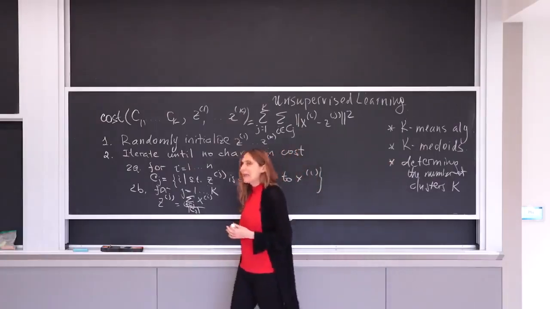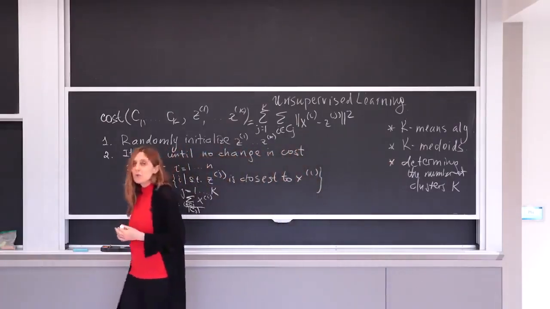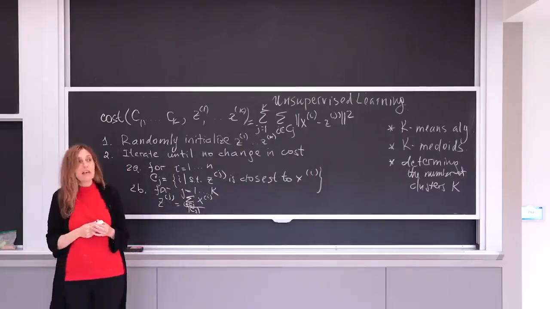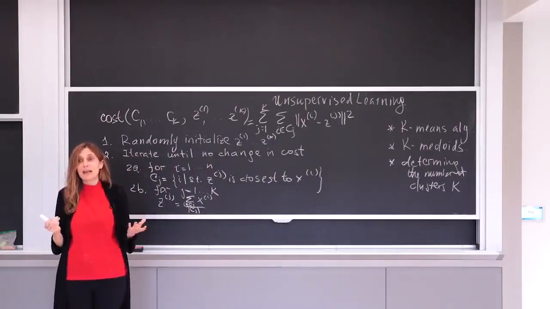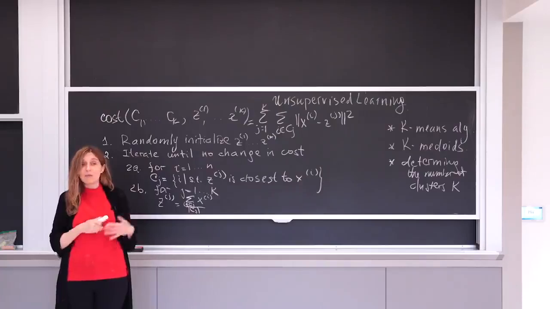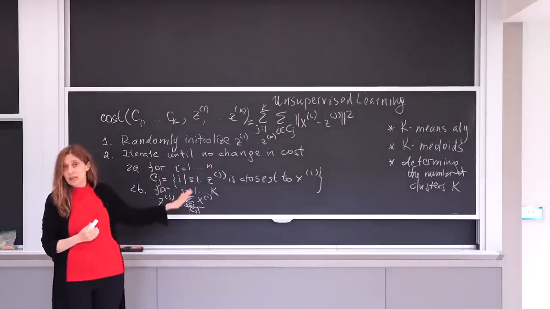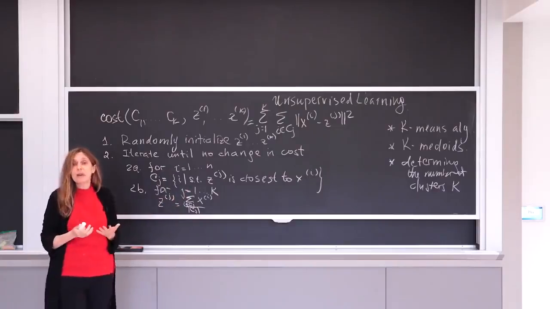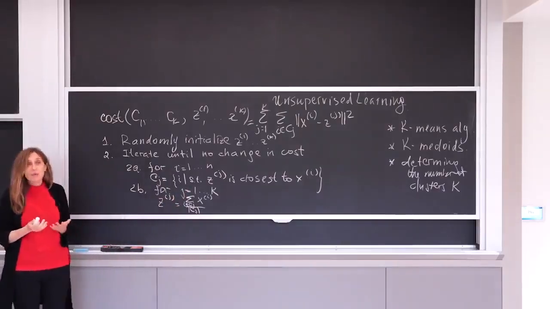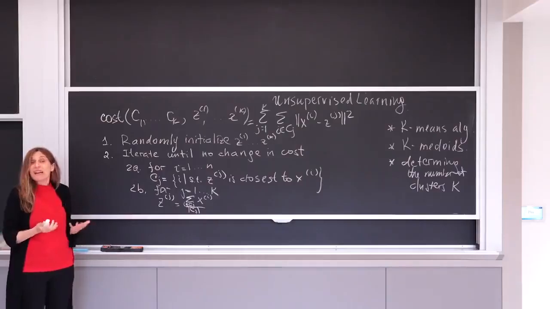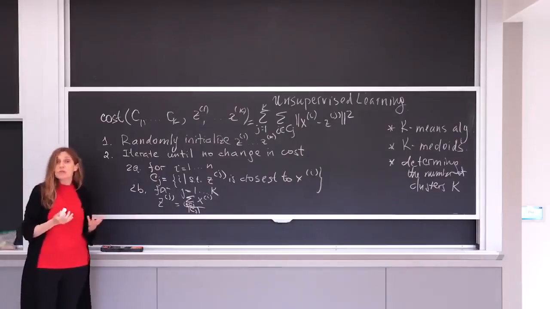Now, in many applications of clustering, you want to work with other functions, not necessarily squared Euclidean distance. You may want to use L1 or something else. This algorithm will not cut it.